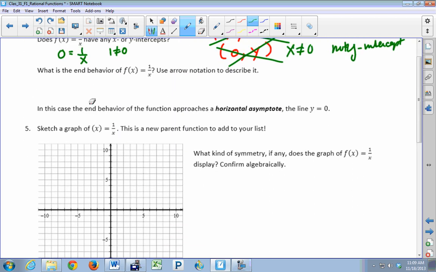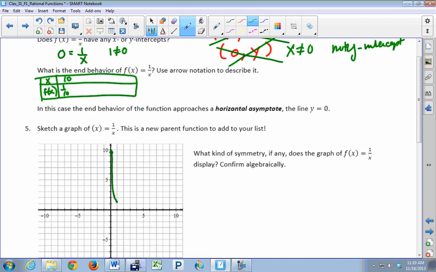Okay, so the end behavior, how do we look at the end behavior? Well, we want to see what happens to our function as x gets really, really big. If x is the number 10, my function is 1/10. I know that as I get close to 0, I'm shooting up to infinity.